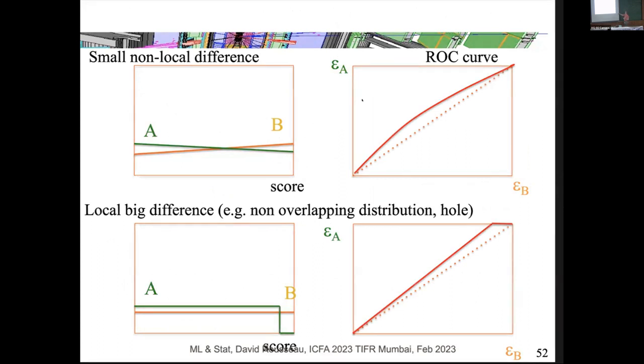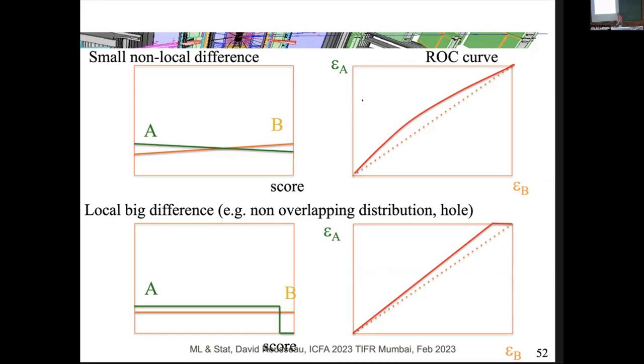Then the score will be slightly different, and when you do the ROC curve, there will be some belly like that. Or there could be a big difference. Typically, you have one piece of detector that does not work, and then there will be no electron in this piece of detector, and you will see a hole, and it will look like that, and then the ROC curve will look like that.